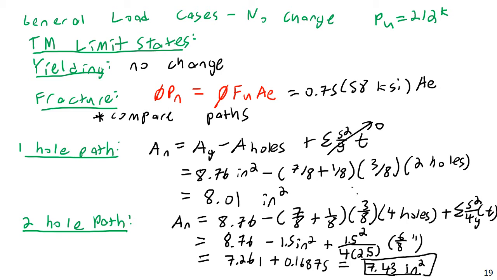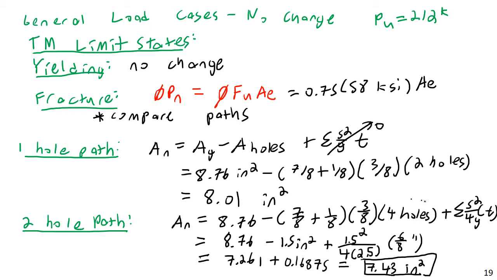Notice which is smaller. For our one hole path, we have an equivalent failure path of 8.01 inches squared. For the diagonal, the two hole path, it's lower. It's 7.43 inches squared. So again, the failure path tends to look for the path of least length, or least effective length.